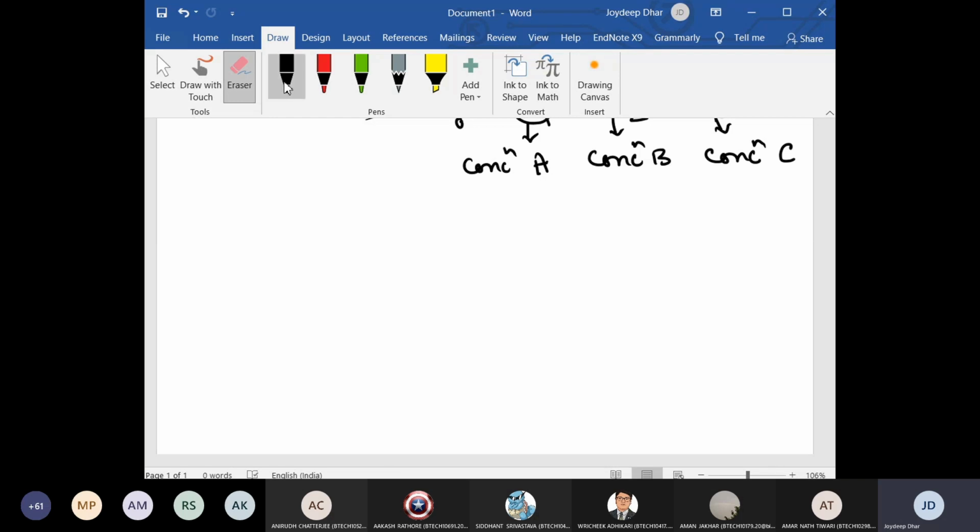So when time equals 0, C2 will also be 0. When you are starting the reaction, at that time there was no component B, that is why C2 equals 0.